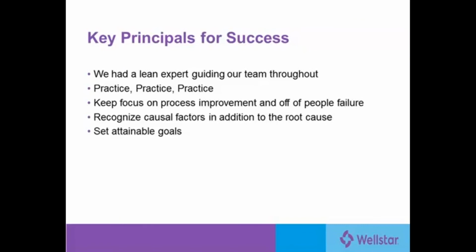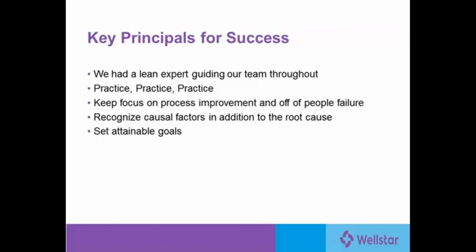The more we practiced, the better everybody got at it and really bought into the process. We made sure to keep that focus on process improvement off of people failure. We had checks and balances. We made sure that we were looking at all of the problems in the same methodical way, and again, really tried to focus on what part of our process didn't work.